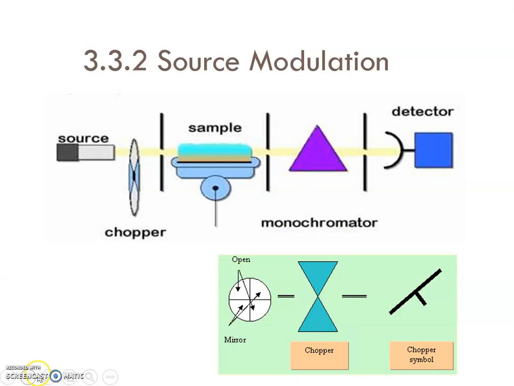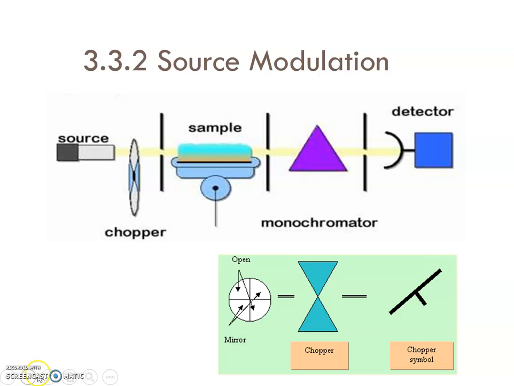Source modulation is one of the important processes in atomic absorption spectroscopy to differentiate radiation from a radiation source and radiation from the flame of the sample. Because in flame absorption spectroscopy, we use a flame. This process is done using a device called a chopper.